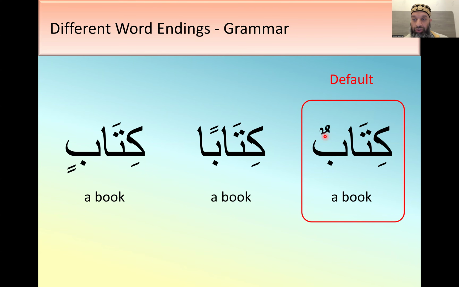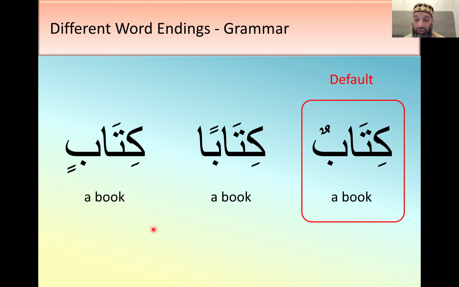The ending does not change the meaning of the word. So kitabun means a book. Kitaban means a book. Kitabin means a book. So a question for you.